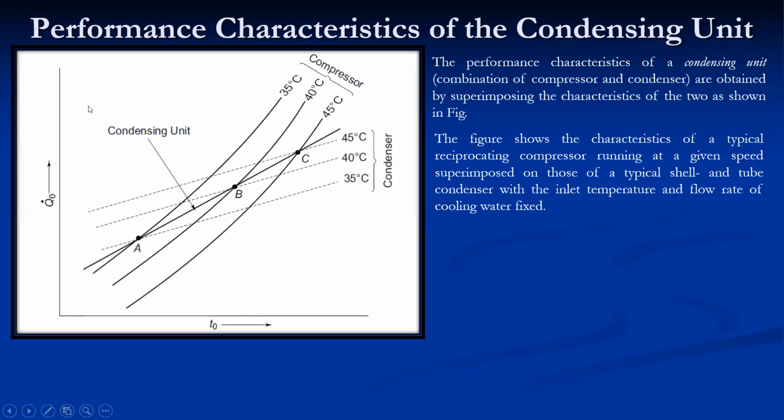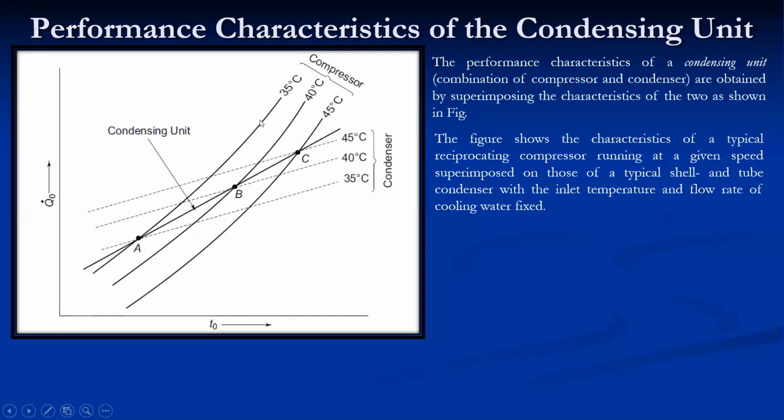Here on the y-axis, we have the cooling capacity, and on the x-axis, we have the evaporating temperature. We have already discussed the compressor characteristic curves. As the evaporating temperature increases for a particular condensing temperature, say 35 degrees Celsius, the cooling capacity continuously increases, and the rate is substantial, almost exponential.